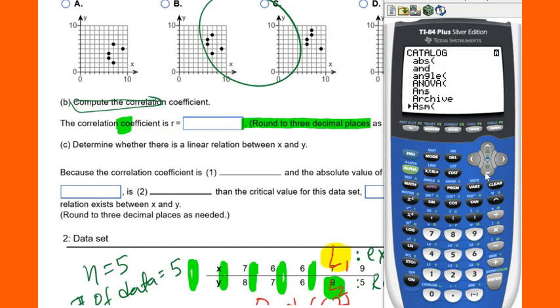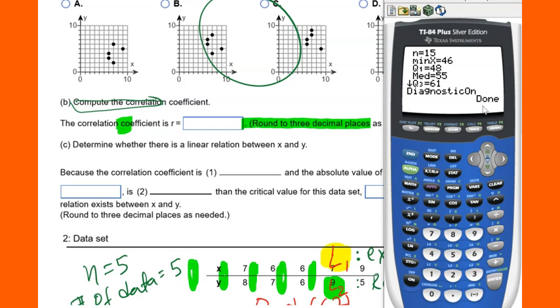Scroll down until you find DiagnosticOn under the D. See, this arrow points to DiagnosticOn here, and you press enter, and it says DiagnosticOn. Press enter again, and it says Done. When you get Done, you're good.